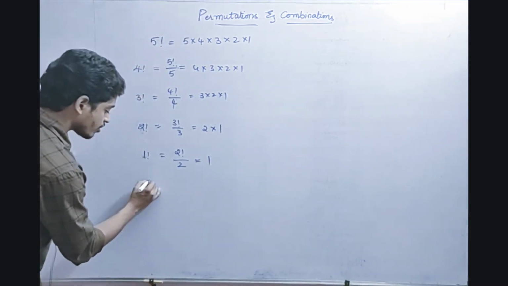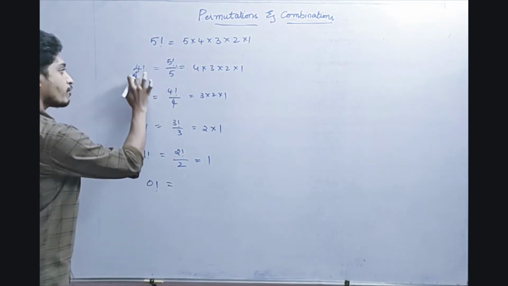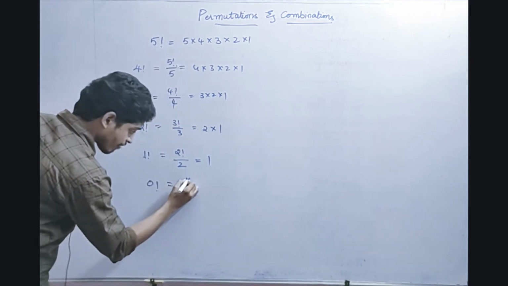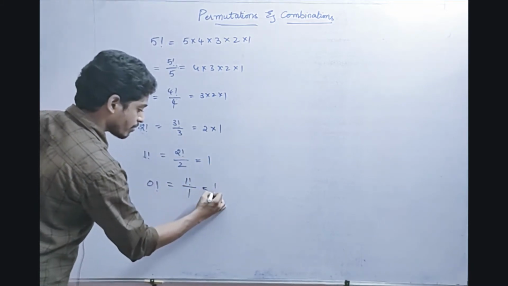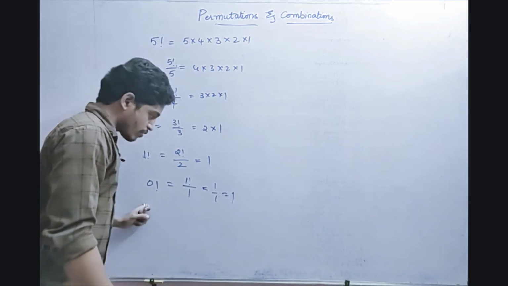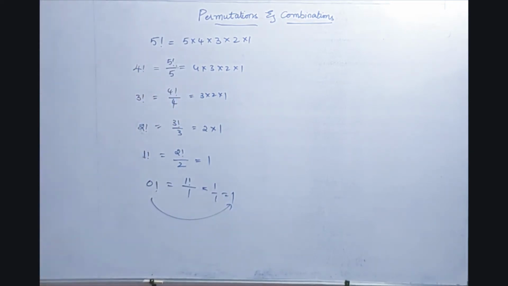So how will 0 factorial come? 1 means 2 by 2, 2 means 3 by 3, 3 means 4 by 4, 4 means 5 by 5. Like that, 0 means 1 factorial by 1. Already the 1 factorial value is 1, and 1 by 1 is 1. So in this way we can say that 0 factorial equals 1 friends. This is the way you need to understand. You have to prove it like this. Okay friends.